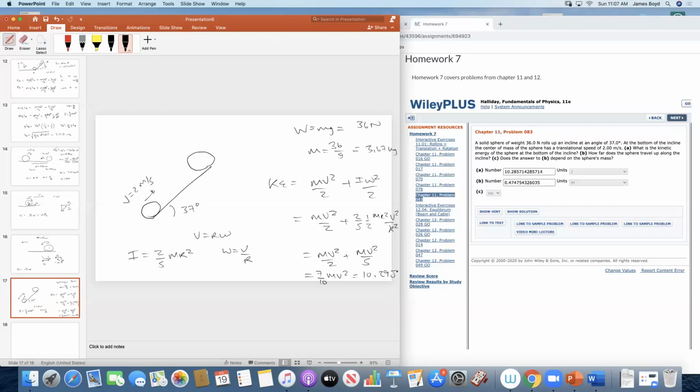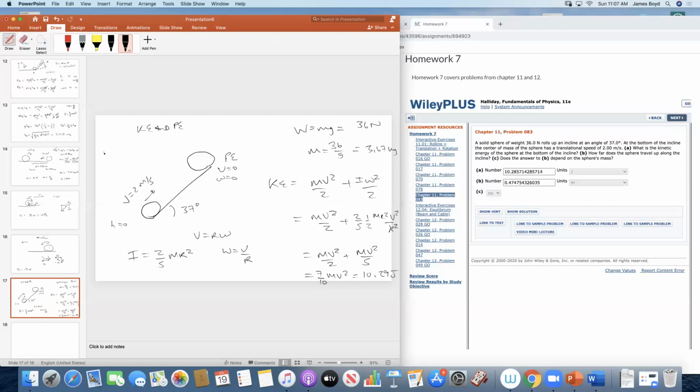Now, how far will it travel up the incline? Now, we know that at the top of the incline, all this kinetic energy turns into all potential. Kinetic energy and potential energy exchange. At the top, v is equal to 0 and omega is equal to 0. At the bottom, h is equal to 0.